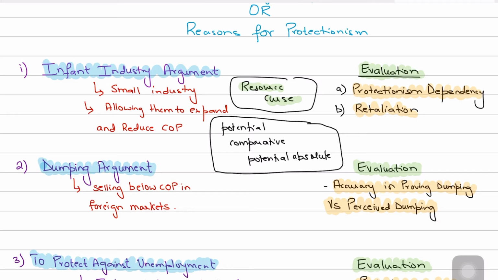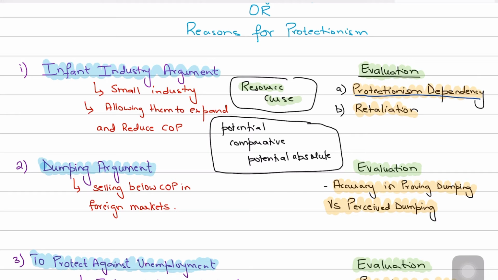But then again, protectionism might also create something known as protectionism dependency. Now this is again an economic term, so use those terms, because protectionism dependency means that it will make our domestic infant firms dependent on these protectionist measures.